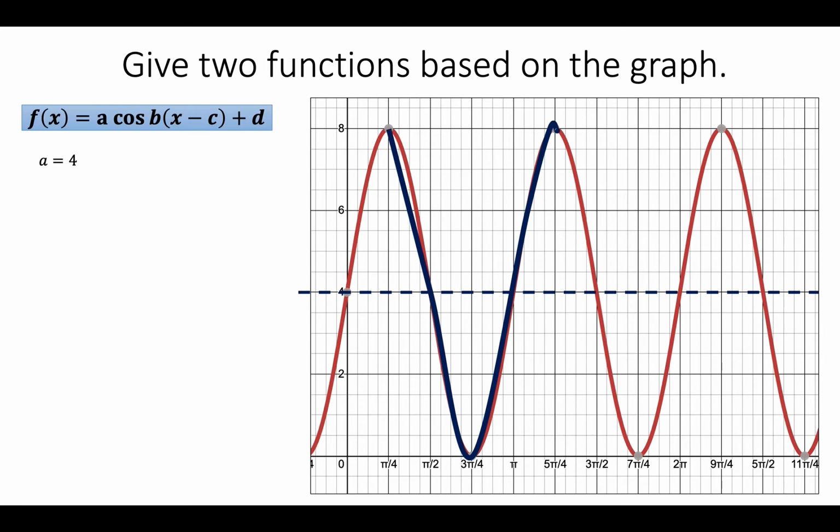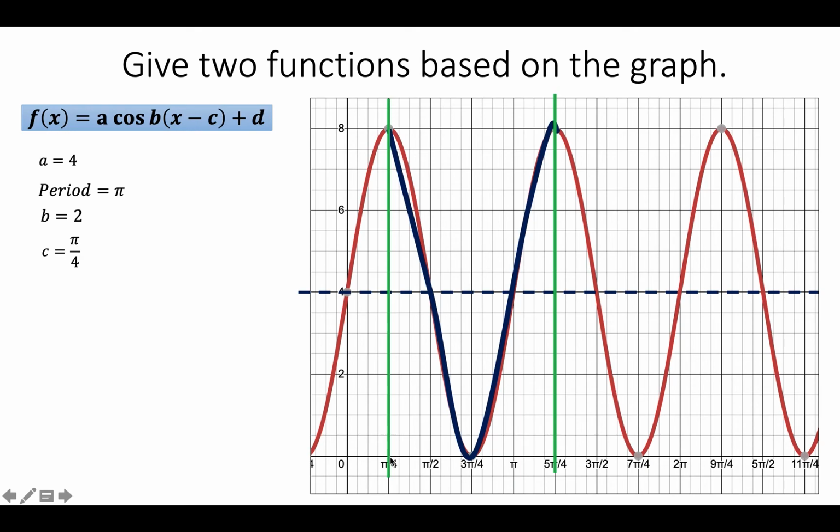Now, here one period is from pi over 4 to 5 pi over 4. The distance between them is pi. Same procedure as the sine function. Since they have the same period, we know that B is equal to 2 also. For the value of C, just identify where we started our 1 cycle, and that's at pi over 4.